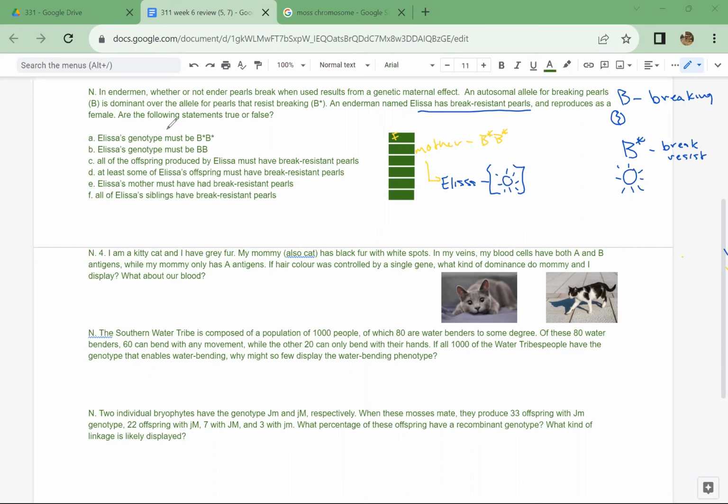So thinking of the cross that created Elisa in the first place, we have Elisa's, let's say, father, and we have Elisa's mother. That's a bad M. That's better. We know Elisa's mother's genotype for a fact because it is via the genetic maternal effect, maternal means mother, that Elisa was given her phenotype in the first place.